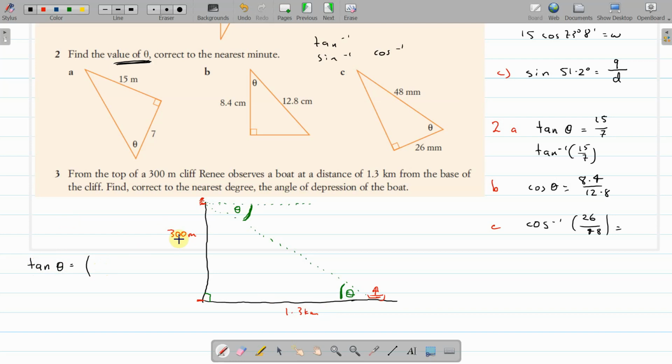It doesn't matter which, I'll do meters. Opposite side first, and you've got to put them in the same unit. 1.3 k's is 1300 meters, and that'll give you what the angle is. But you've got to remember we're finding an angle, so it's shift and tan. That'll give you that angle there. Thank you, everyone.